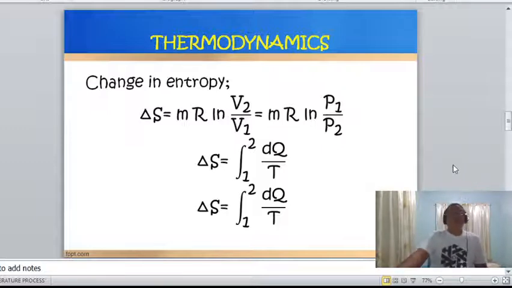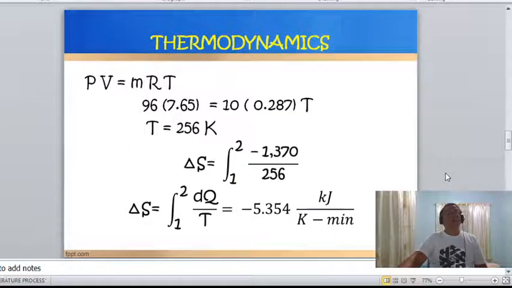But we can also solve delta S equals the integral of dQ over T from 1 to 2. PV is equal to MRT. Determining T, that is equal to 256 Kelvin. Substituting values for Q and T, Q equals negative 1370 over T of 256. Delta S is equal to dQ over T, equal to negative 5.354 kilojoules per minute.